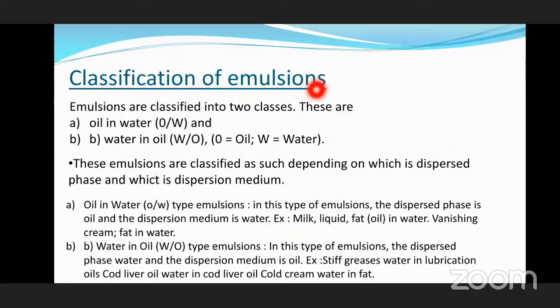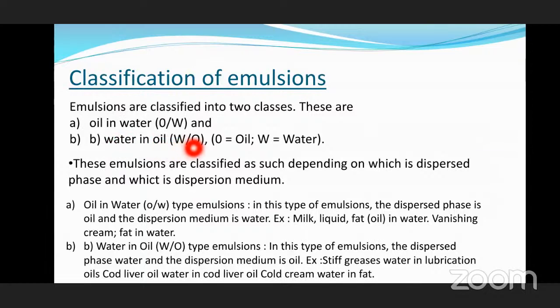Classification of emulsions. Here the emulsions are classified into two classes. Number one is oil in water, which is represented by O slash W, and the second one is W slash O. Here A is oil in water, but B is water in oil.